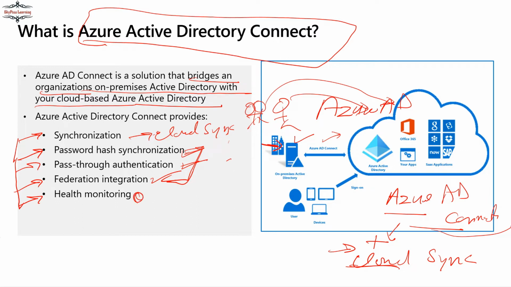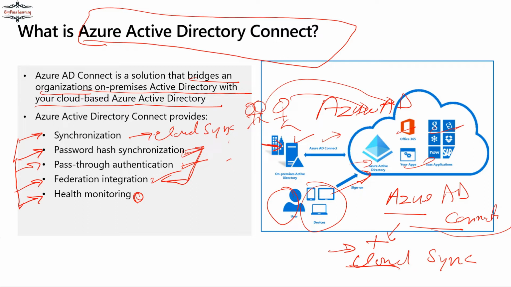Health monitoring is used to monitor the health of your organization's Azure Active Directory Connect, and mainly you have to monitor the synchronization health, even though you have an option for sign-in and other authentication monitoring as well. So let's come here and see what exactly it is. Here you can see the users and devices that sign in with the help of Azure Active Directory, so they are able to access the various resources available in the cloud.